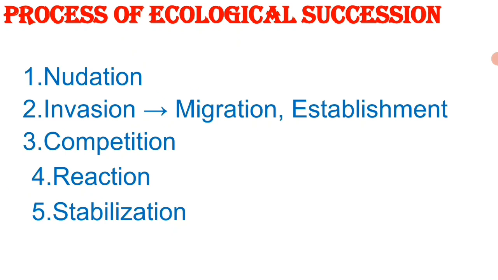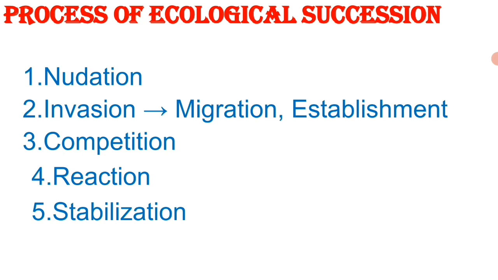So in a land area, the group of organisms which establish their community is known as a pioneer community. Then serial stage means after establishing their community, it involves various developmental stages. That is known as a sere. So community is nothing but a group of plants or animals living in an area.